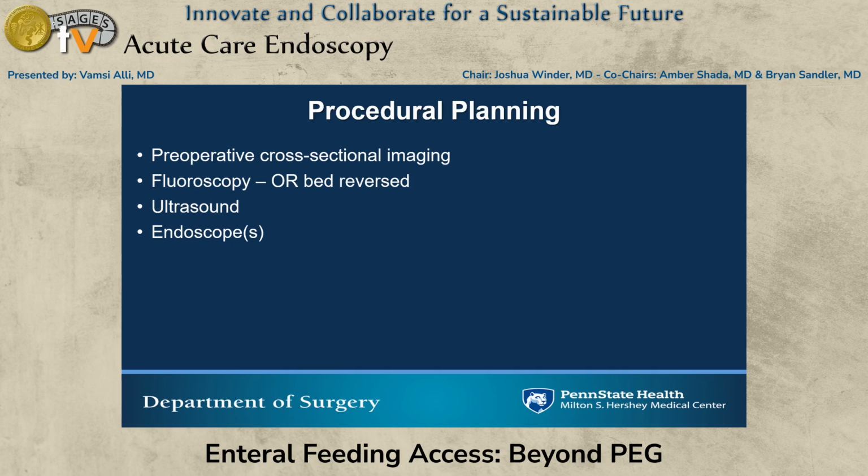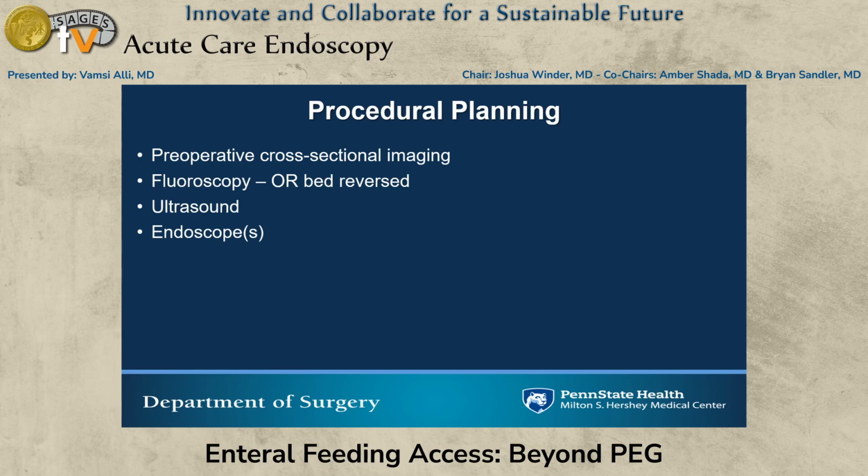So procedural planning elements, number one, any cross-sectional imaging that is available, you should review. If there's any concern over patient anatomy, certainly obtain pre-op imaging. Fluoroscopy intra-procedure is extremely useful. Make sure that you are on a bed that will accommodate it and it's appropriately positioned.